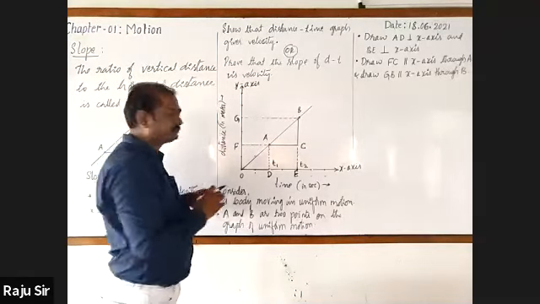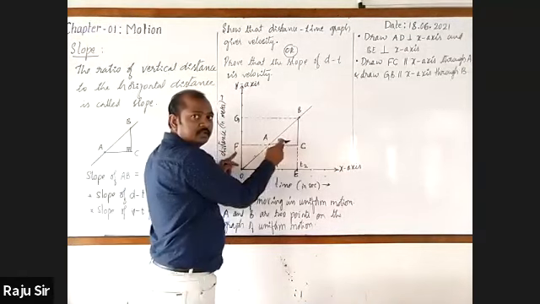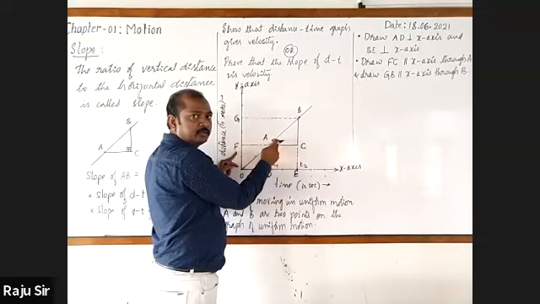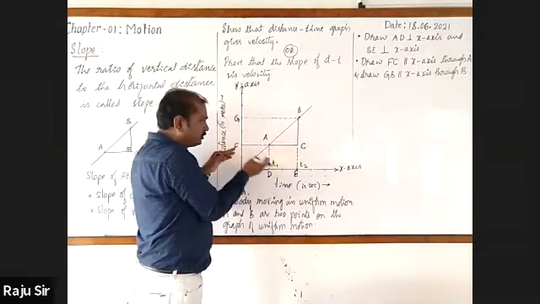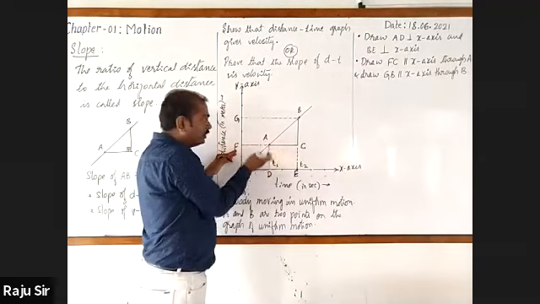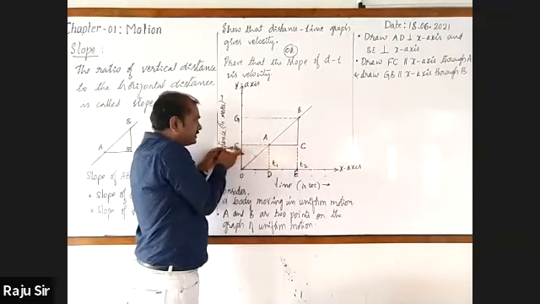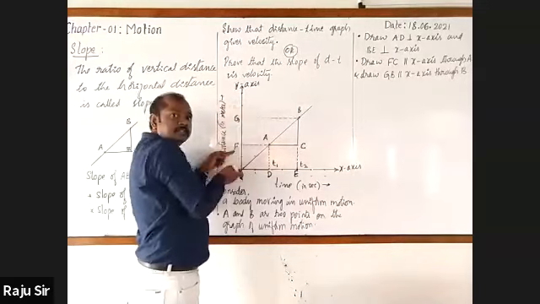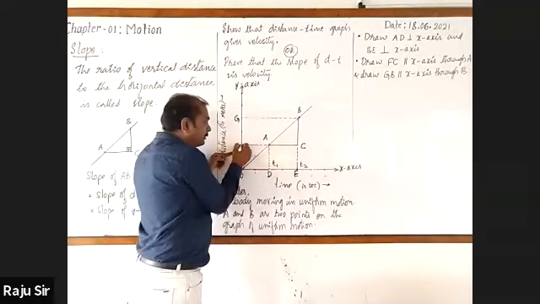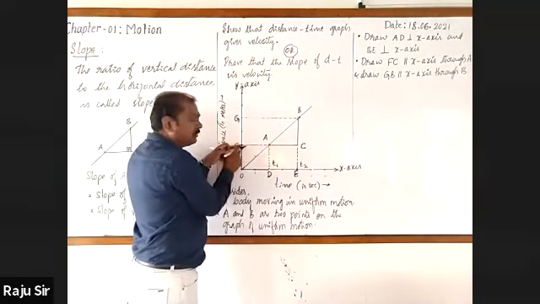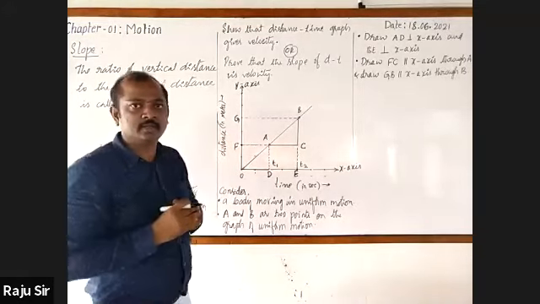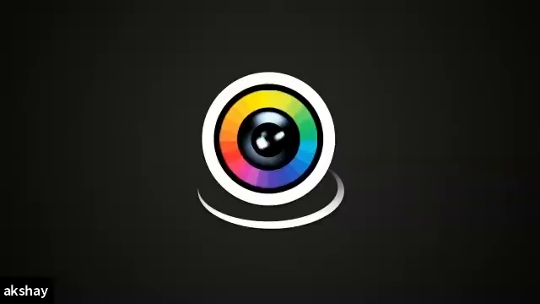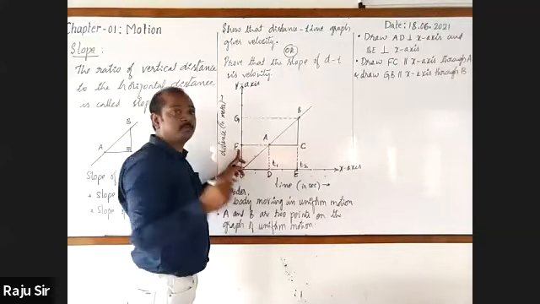Next, observe. Everybody should observe the board. We have drawn the parallel line to the time axis through A. This has intersected the distance axis at a point. The distance is not known, 1 meter, 2 meter, 3 meter. I take this distance as D1. You may take this as also S1.